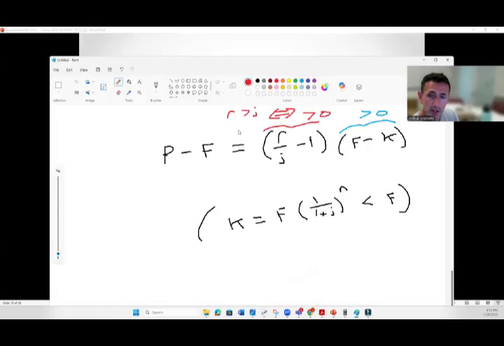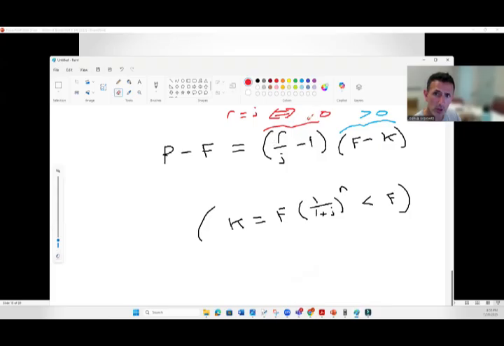On the other hand, because this is always positive, the only way for P minus F to be zero, equal, is if this equals 1. R over J equals 1, so that this whole thing equals 0.